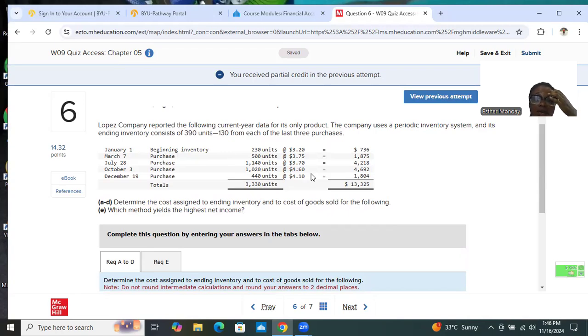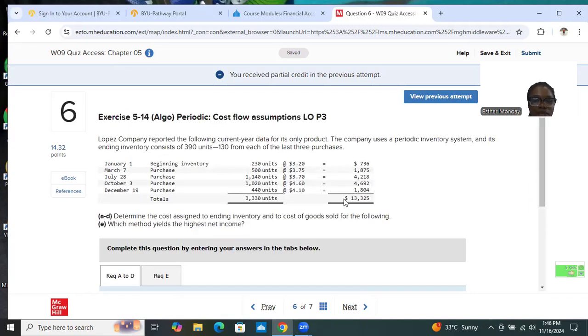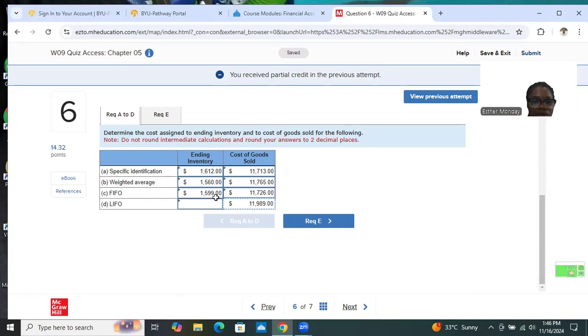So you multiply all of them with your unit cost, and you will find that our cost of goods sold for last in, first out will be 11,989. And to get our ending inventory, we subtract it from $13,325. And when you do that, we will have 306.